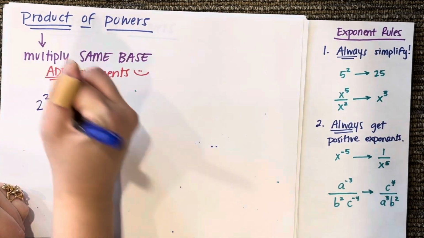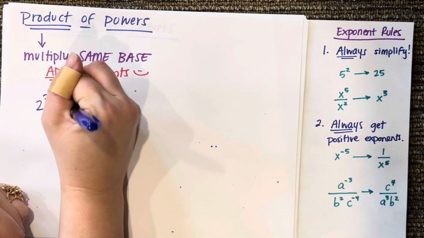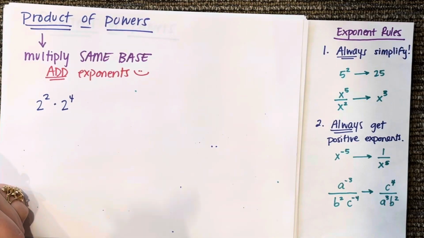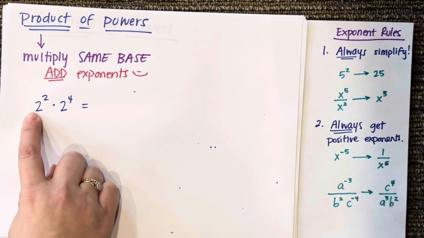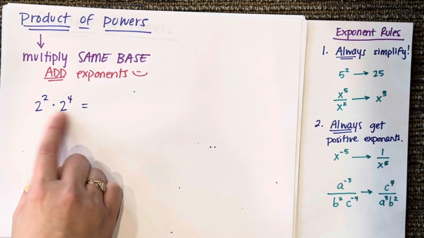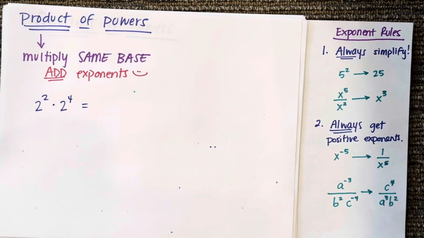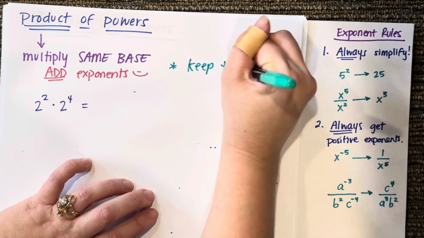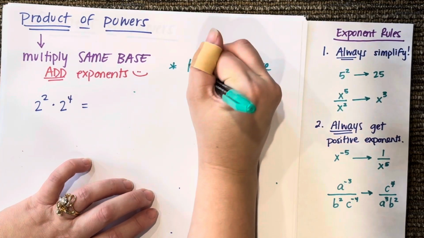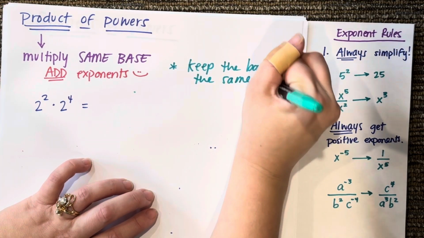If I had 2 squared times 2 to the 4th. If I was just using my product of powers, I have the same base, 2 squared times 2 to the 4th. They both have the base of 2. And a really important part here is you keep the base the same.